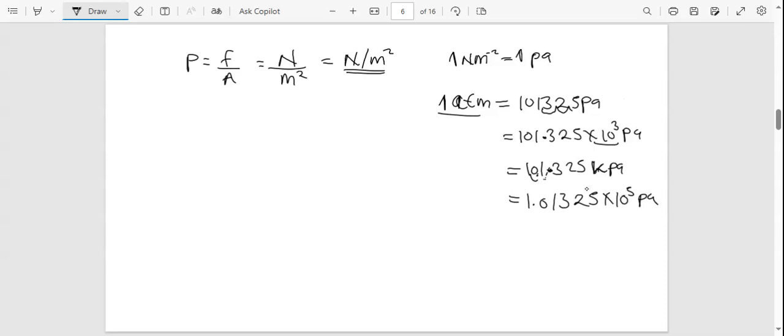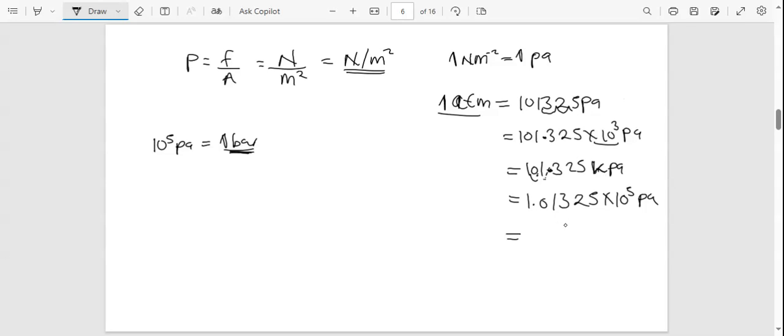Then we need to know that 10 to the power 5 Pascal is equal to 1 bar. This bar is just a barometer thing.